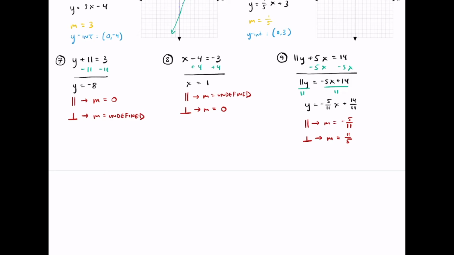Alrighty, moving on. Let's try a 10th problem here. So for number 10, let's try 13y minus 8x plus 52 is equal to 0. And we're going to isolate the y here. So I think the quickest thing to do is to take away 13y from both sides to get it over to one side by itself.